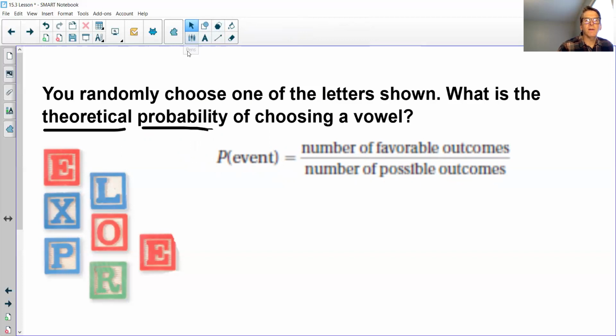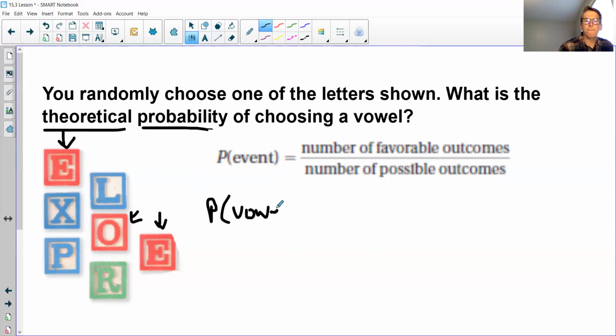We got a vowel there, E, a vowel here, O, and another one over here, E. So the probability of a vowel is equal to 3 blocks over the total number of possible outcomes, which is 7. There are 7 letters, 1, 2, 3, 4, 5, 6, 7. So the theoretical probability of picking a vowel is 3 over 7, or about 43%.